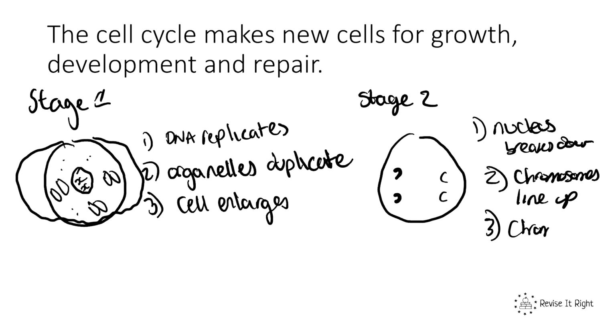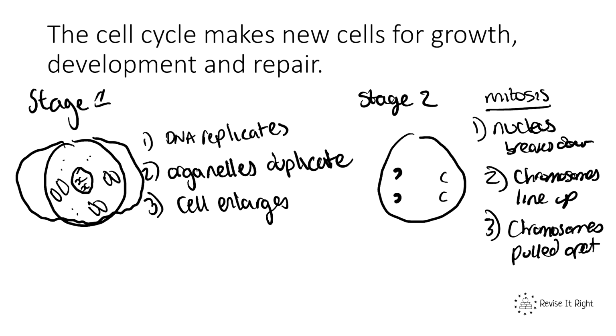So chromosomes pulled apart. And that's what happens in stage 2. Now this is actually called mitosis. That's what stage 2 is. And in AQA we don't have to learn about the stages of mitosis, just that it is in stage 2 in the cell cycle. The nucleus breaks down, the chromosomes line up, and then the chromosomes are pulled apart.